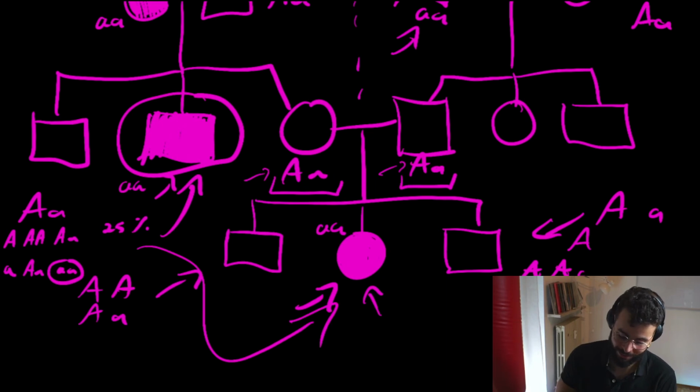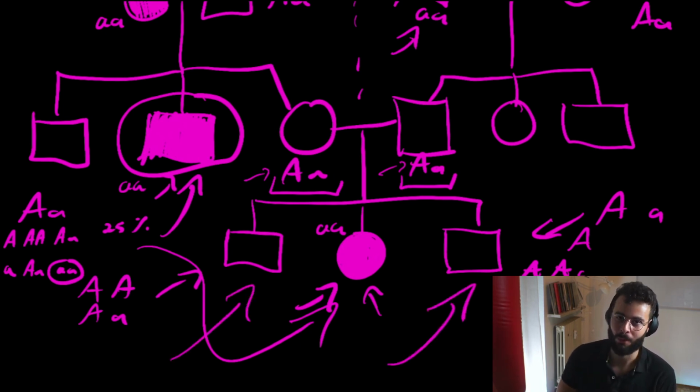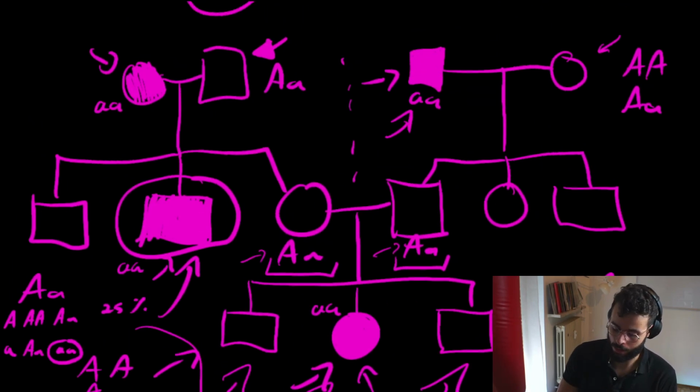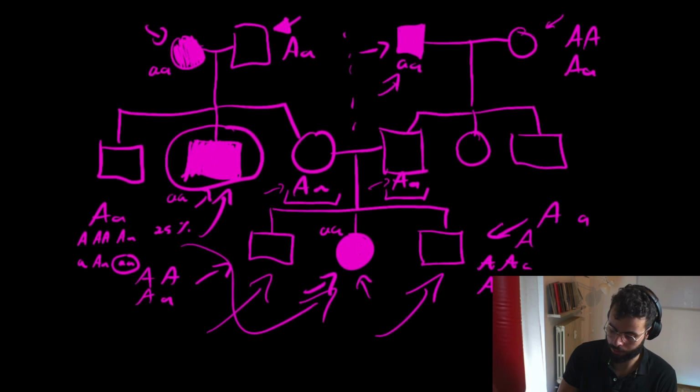But you also have 75% for the kid not to be sick. And you also have 25% for the kid to be homozygous dominant, or 50% for the kid to be a carrier. But we don't actually know which are the genes of the fourth kid. So this is all of the information we can actually deduce from the following pedigree.